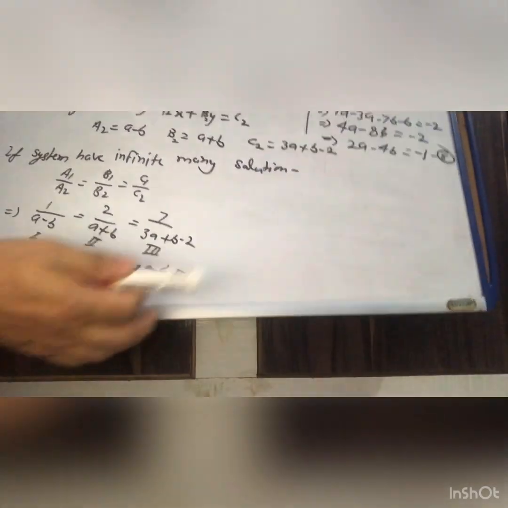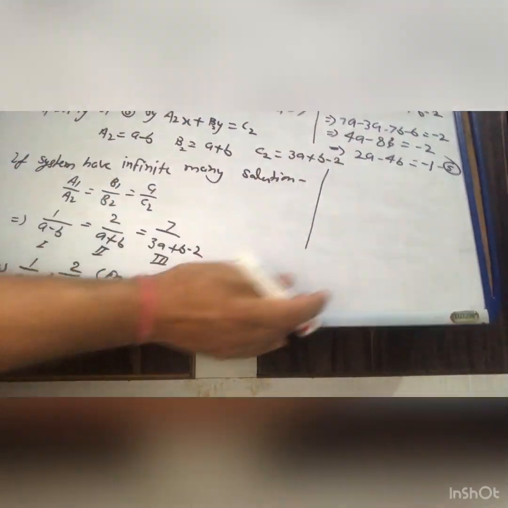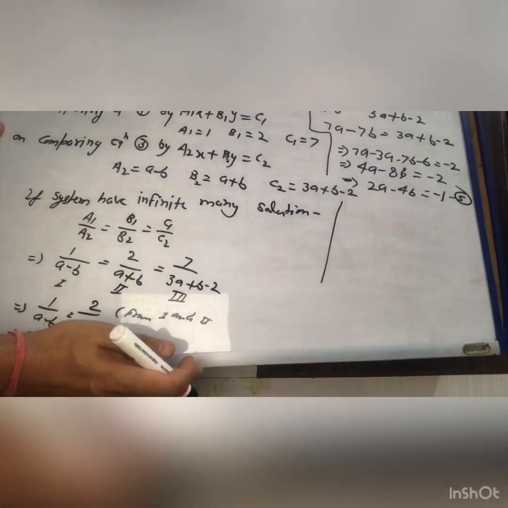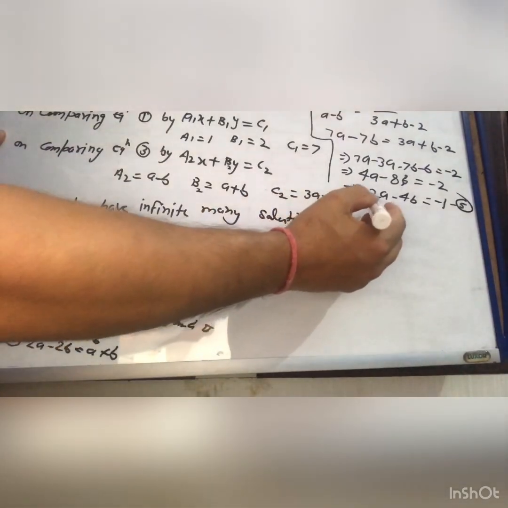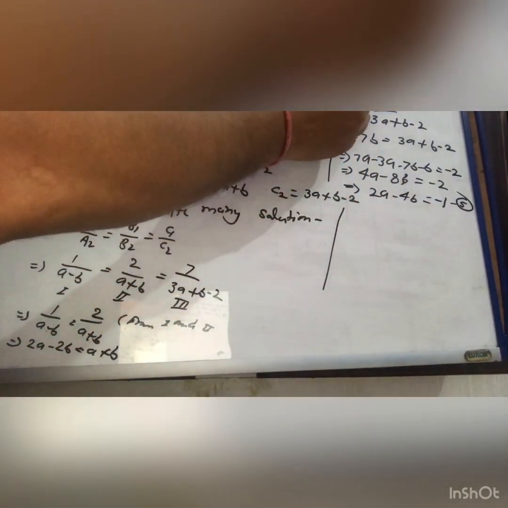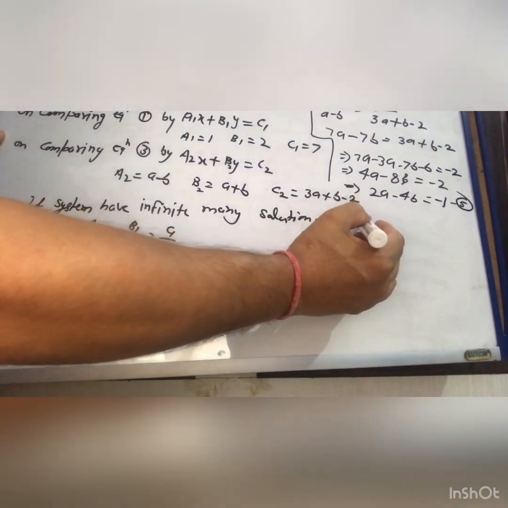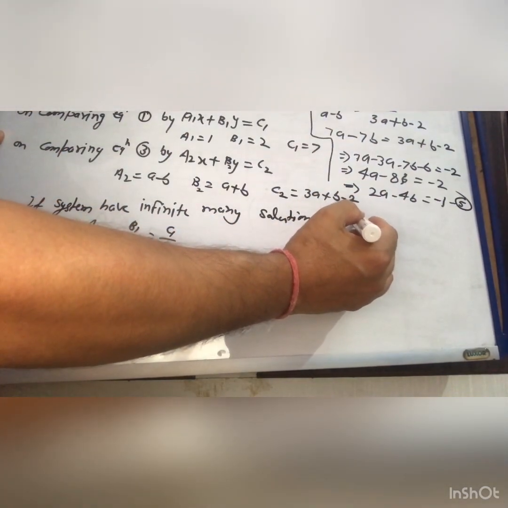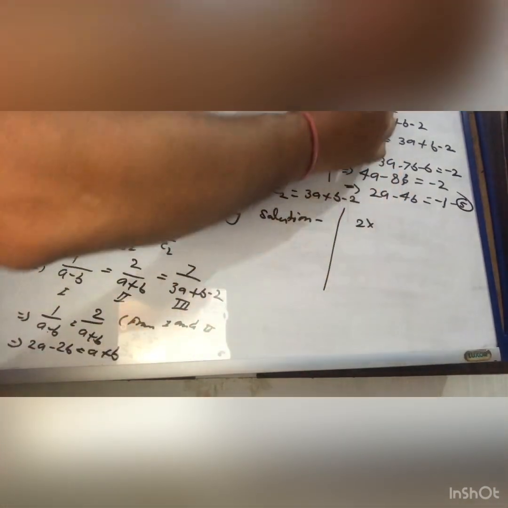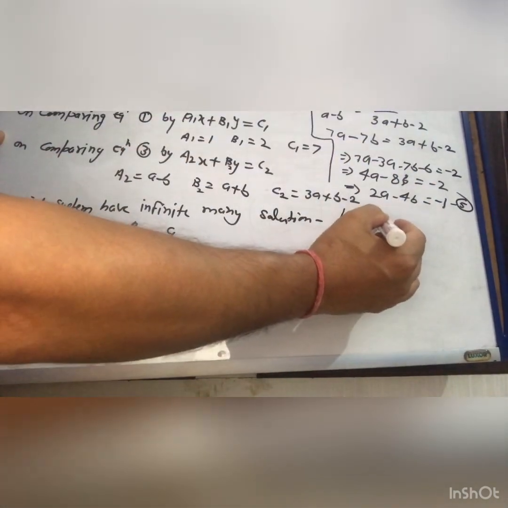Now substitute this value of a in this equation. In 2a minus 4b, a equal to 3b, so 2a means 2 times 3b, that is 6b.